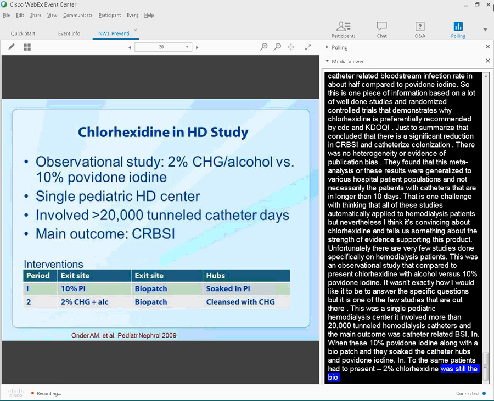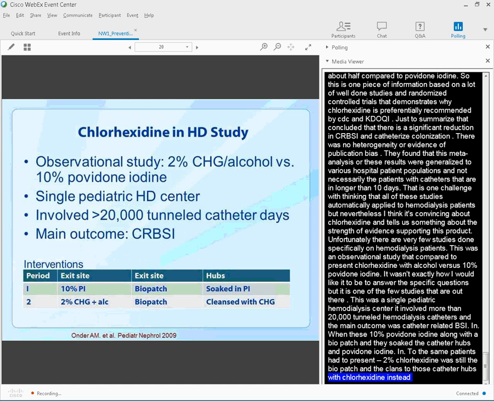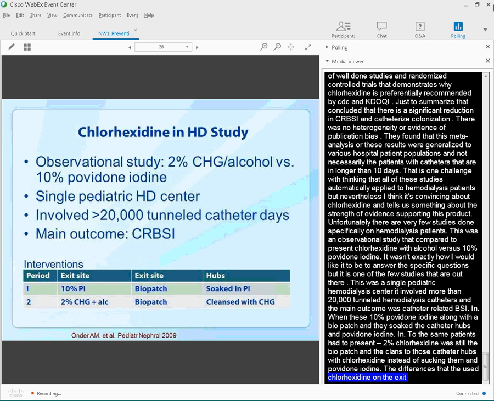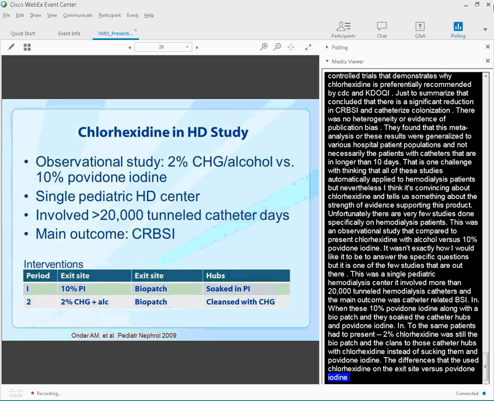So the difference here between the two intervention periods is that there is chlorhexidine plus alcohol at the exit site in period 2 compared to povidone-iodine, and they scrubbed the hubs with chlorhexidine in period 2 as opposed to soaking them in povidone-iodine. And in both intervention periods, biopatch was in place.